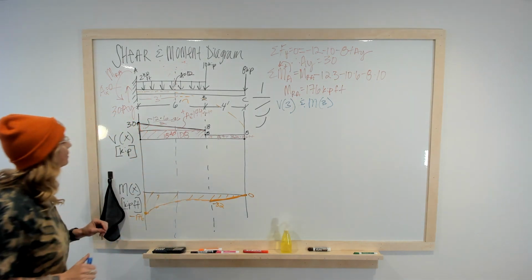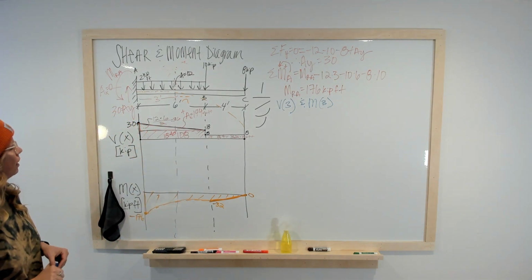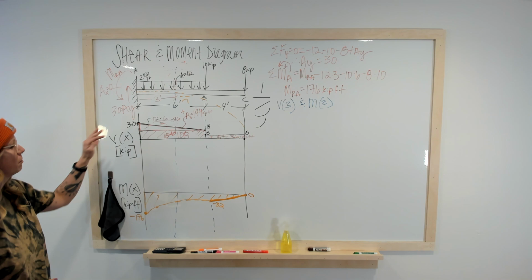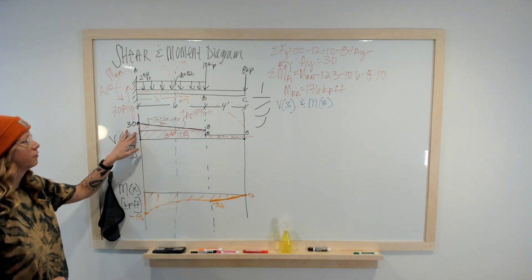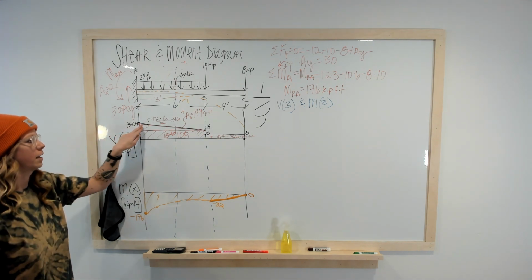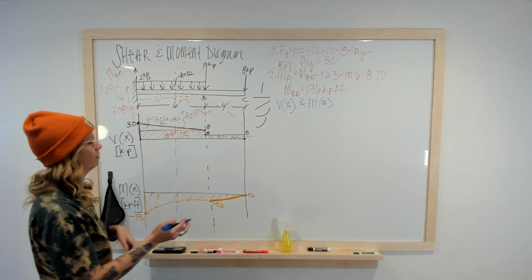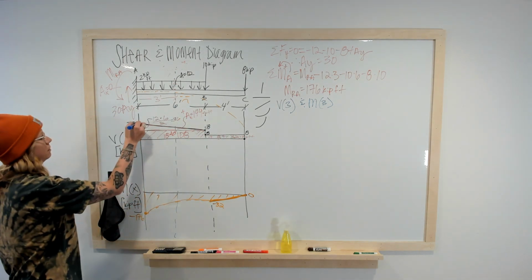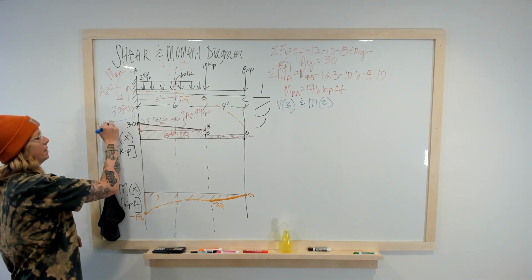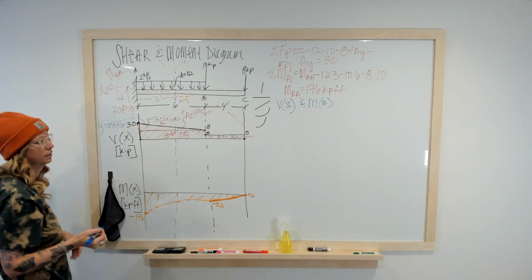Alright, so technically, we could start with writing an equation between A and B for the load, but I also can write an equation for this line right here, right? This line right here is just a y equals mx plus b, right?